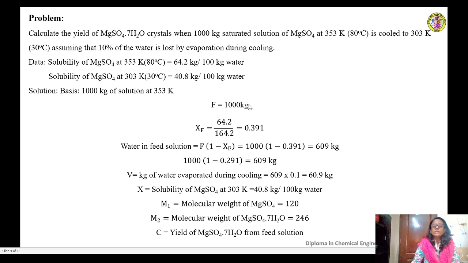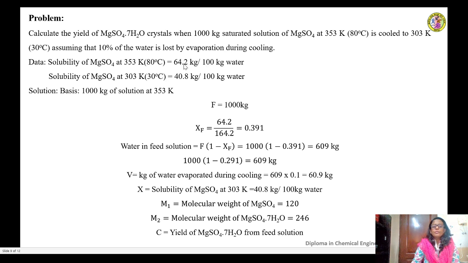So F is equal to 1000 kg. xf can be calculated using the solubility data given at 353 Kelvin. So it is given that the solution enters at 353 Kelvin. At this condition, it contains about 64.2 kg MgSO4 per 100 kg water.